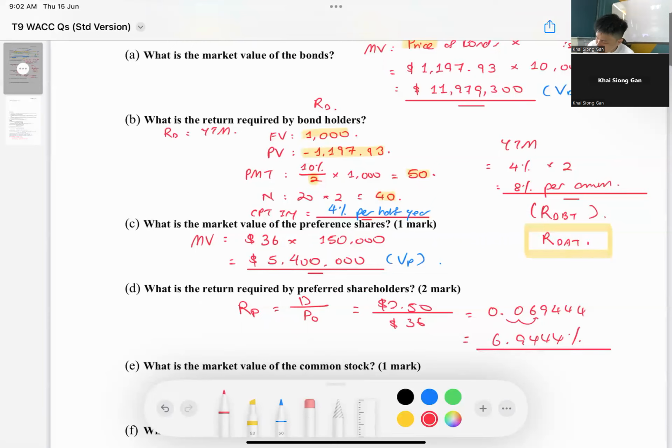That's the answer for the required return for preferred stock. Remember, you get the decimal first, then convert everything to percentage. So this is RD after tax and this is RP.